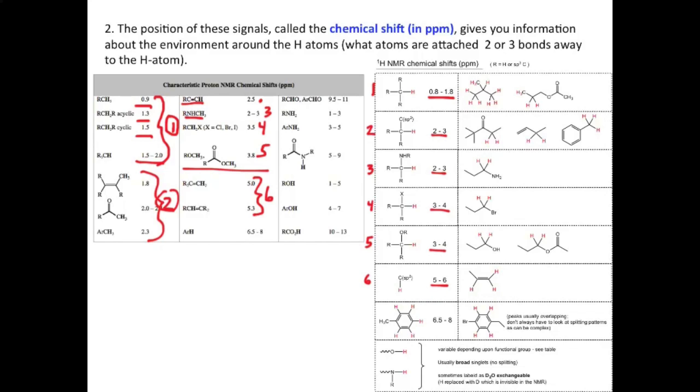Last on our table, very important again, hydrogens connected to aromatic rings. That's the 7th row in my table. Now we're talking about H to sp2 of an aromatic ring, and that's going to have a chemical shift of 6.5 to 8. And we can see that example here.